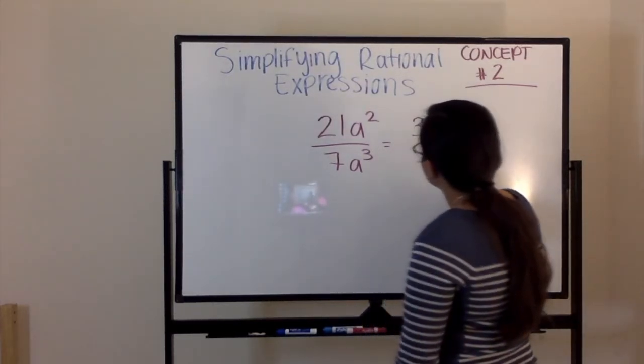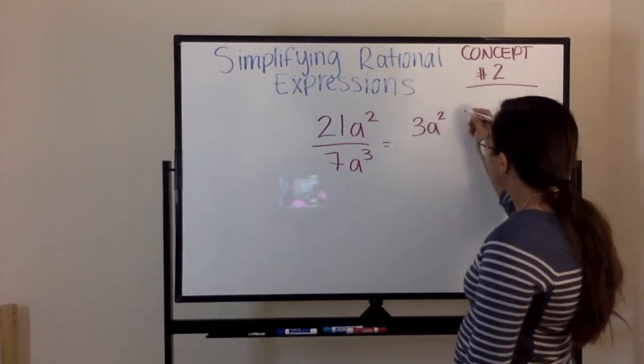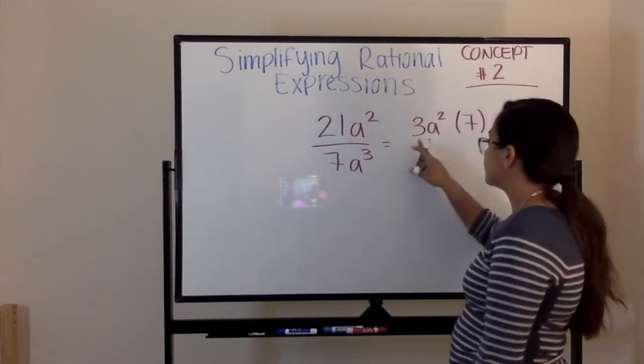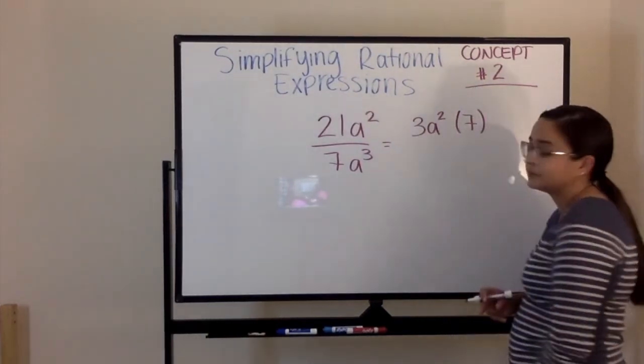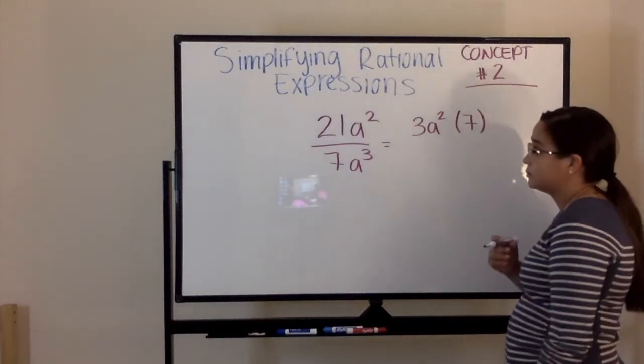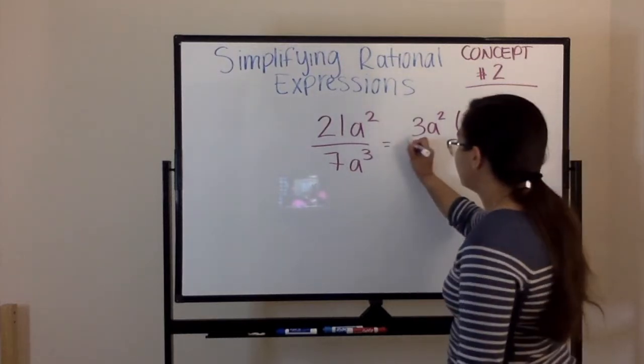I can actually factor out a 3a squared. Okay? And in the parentheses, I would just put 7 because 3 times 7 equals 21. Now 3a squared times 7 is 21a squared. So that works.